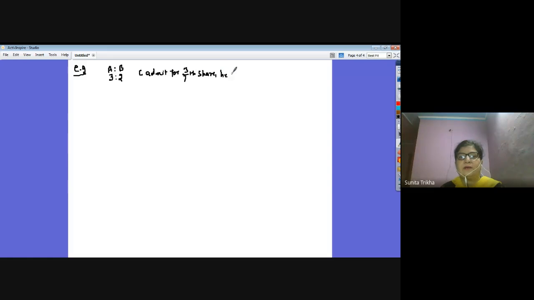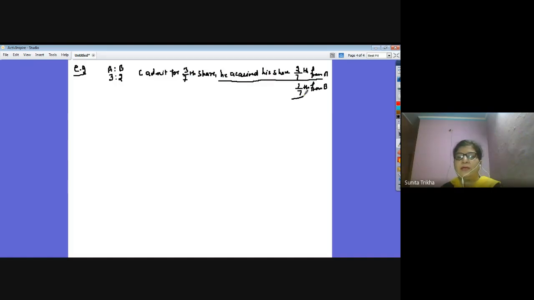He acquired his share 2/7 from A and 1/7 from B. So this is the question related to the second case. C is admitted, and how he is acquiring his share is also given.